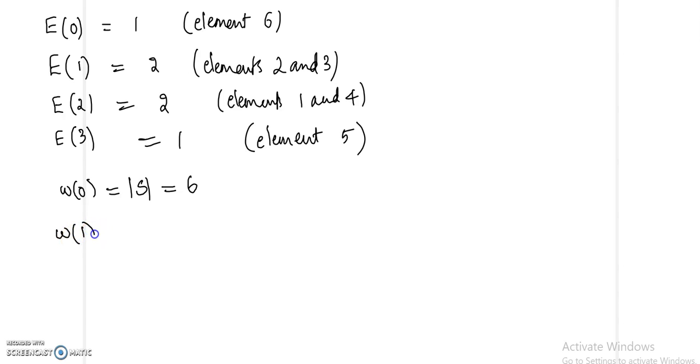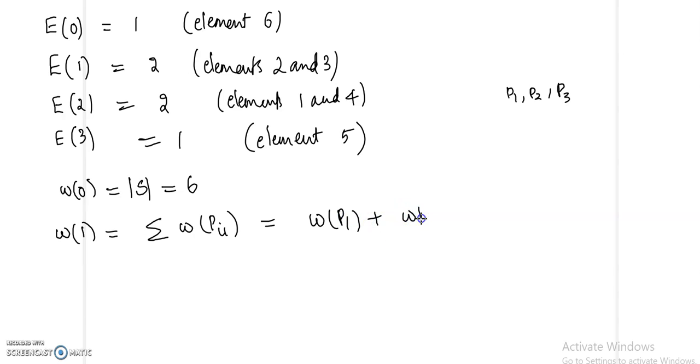Now omega of 1, we need to take the summation over all omega of Pi1. So we need to take all the 1 combinations. We have properties P1, P2, P3, so all 1 combinations will come. So omega of P1 plus omega of P2 plus omega of P3.